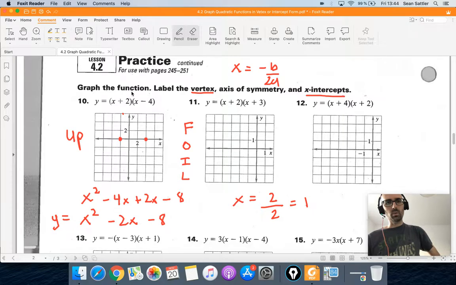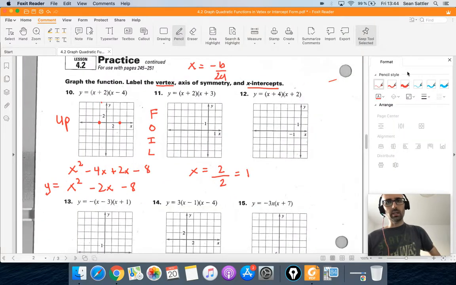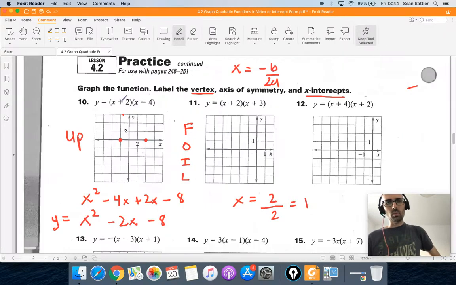I could plug in 1 here, and I get 1 plus 2, which is 3, and I get 1 minus 4, which is negative 3, and then I multiply them together, and I get negative 9. So that's down here, 2, 4, 6, 8, 9. So that's where my vertex is: 1, comma, negative 9.